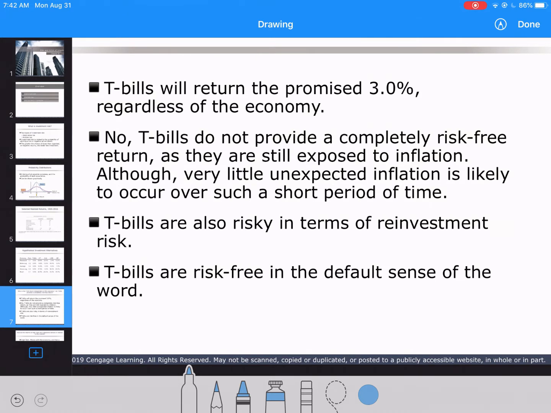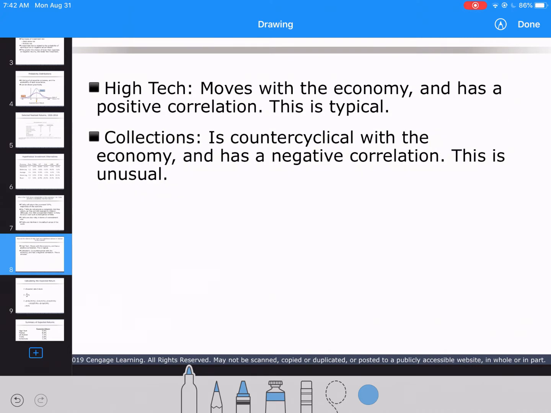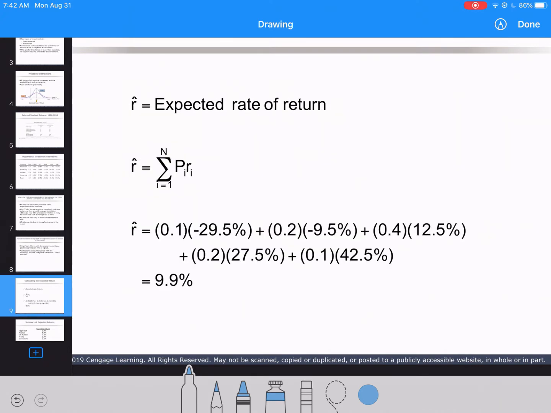Now, when we go to that problem, that is how to calculate expected rate of return. We'll talk about required rate of return later when we talk about CAPM.